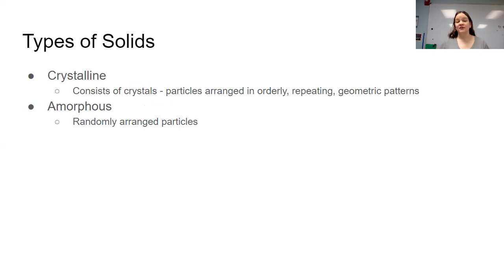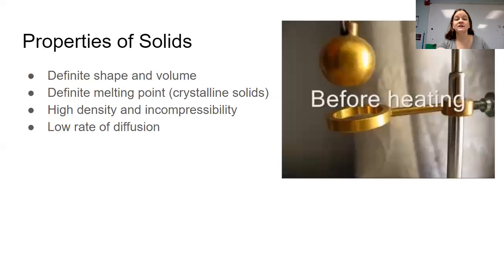They are very randomly arranged, and so that gives some different properties to them. Most of your solids are crystalline. Amorphous solids would include glass and plastics. And then we'll come back to both of them a little bit later, and talk more about some of their specific properties as we go through this.